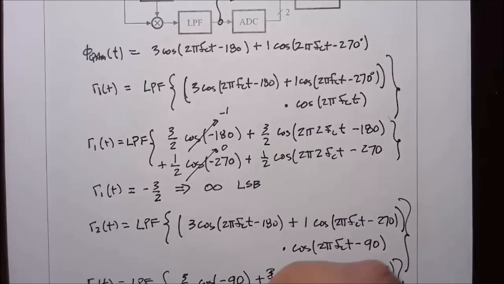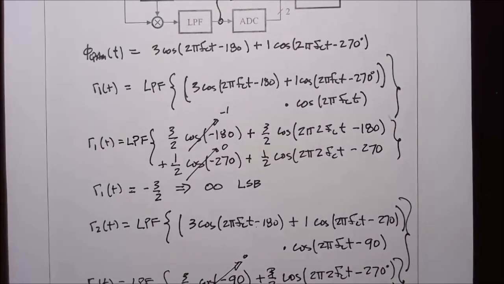The cosine of minus 90 is 0. Cosine of minus 180 is minus 1. The low pass filter takes out the high frequency components, and so that makes R2 equal minus 1/2.